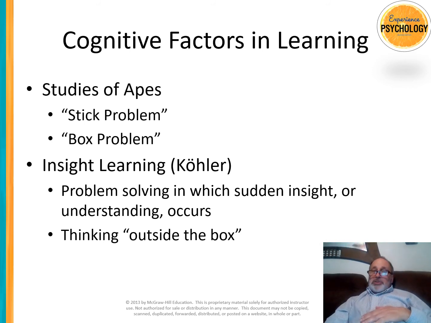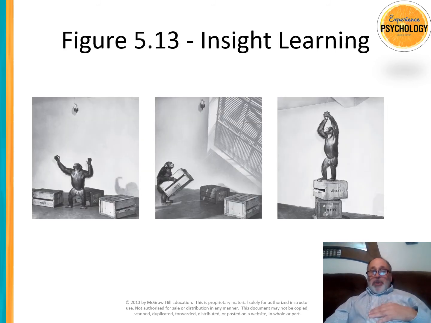And supposedly this little kid did this without any assistance from anybody else, and outwitted the adults there. This is just a picture of Kohler's experiment, insight learning, the boxes. He put the boxes together, they had the sticks, and then he had to put the two sticks together to get to the reward.